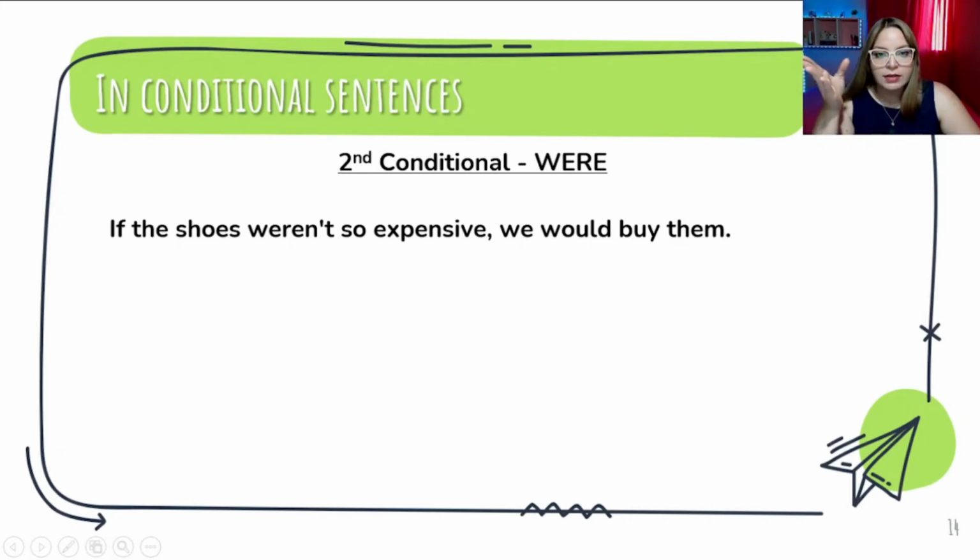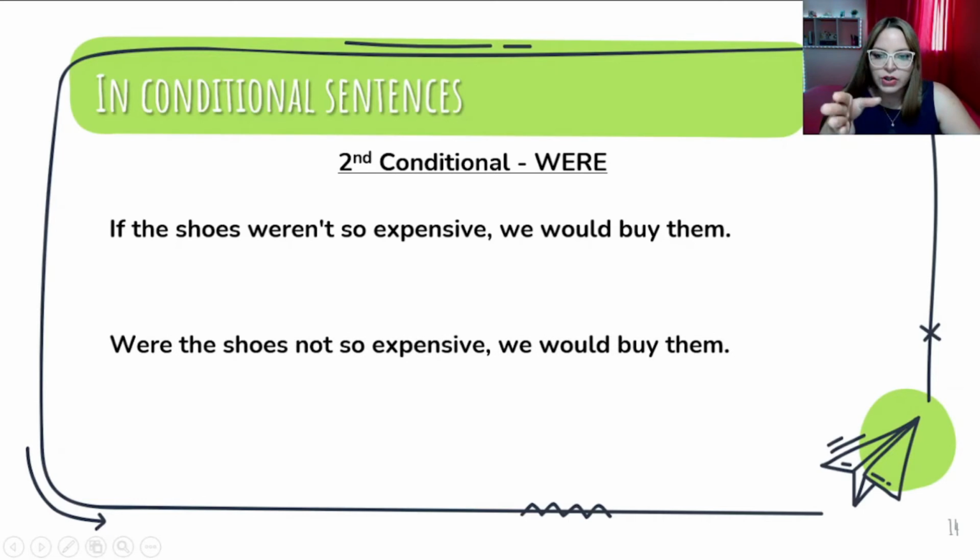As it is stated here, we must use the word were. So, were the shoes not so expensive, we would buy them. Here, our auxiliary verb is at the very beginning, followed by our subject. In this case, the shoes are functioning as our subject.